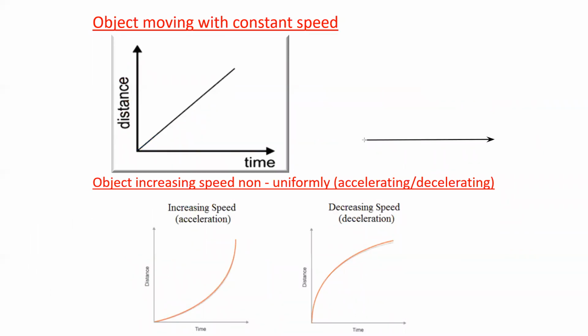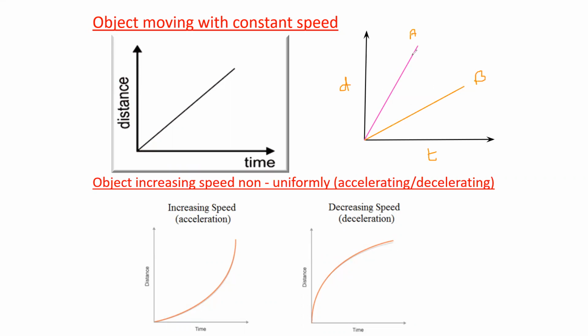Or without calculation, you can also work out that the graph lines which have a steeper slope or a greater angle show the objects are moving at a higher constant speed as compared to the lines which are less steep. So for example, we have two lines here representing a constant speed. Which object is moving faster, A or B? Without calculation, no numbers are there.